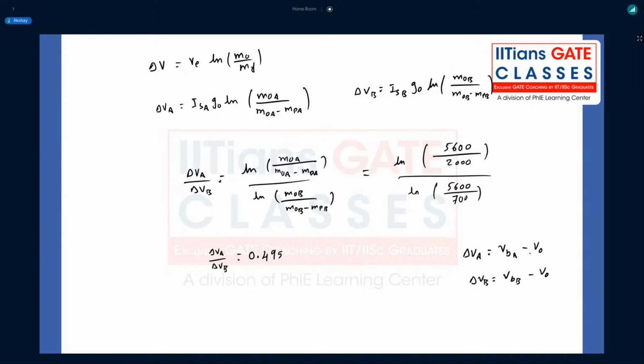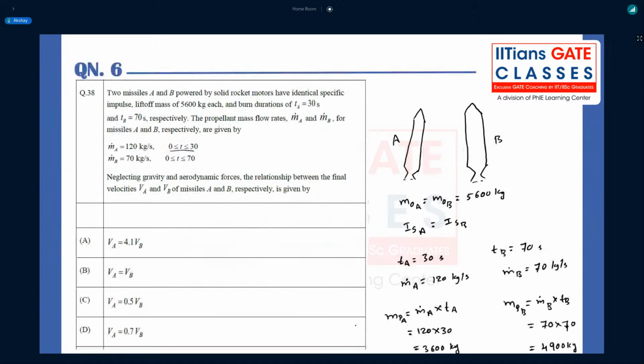So this is going to be 0. So this ratio is nothing but VA divided by VB, which is equal to 0.495, or VA is roughly 0.5 times VB. So if I look back at the given options, option C is correct.